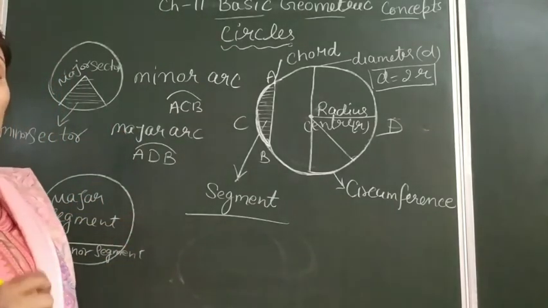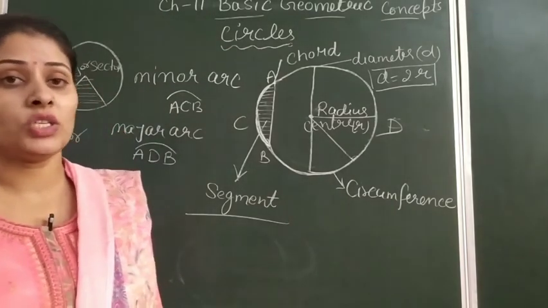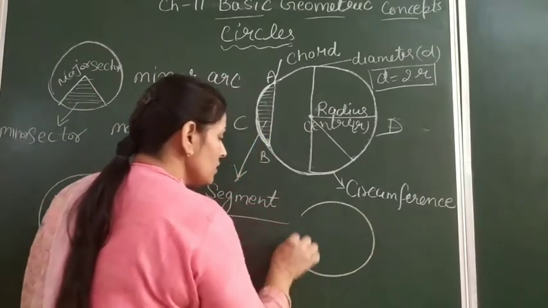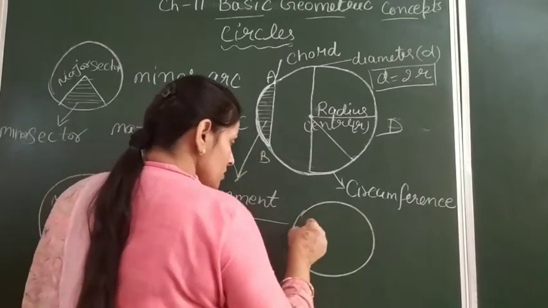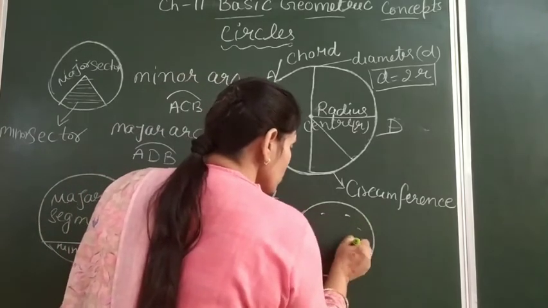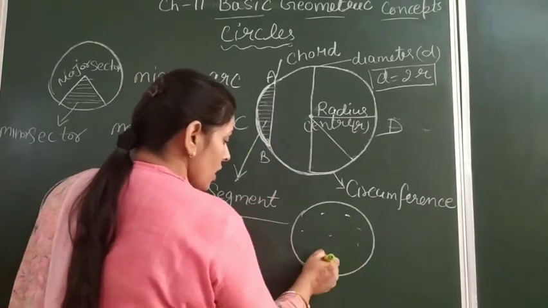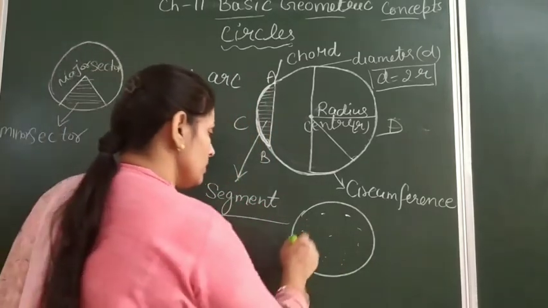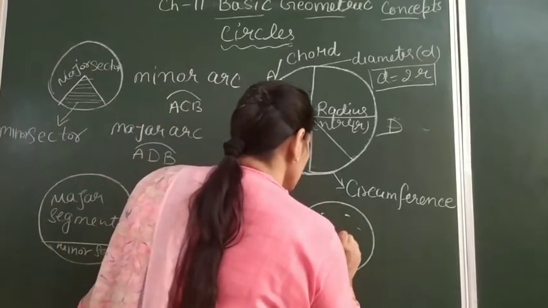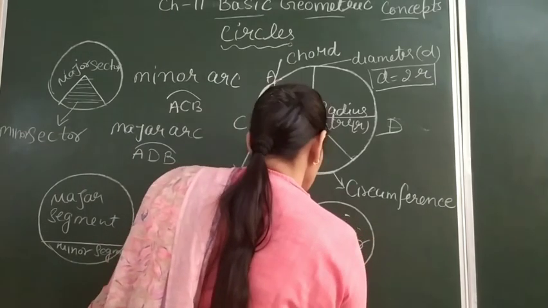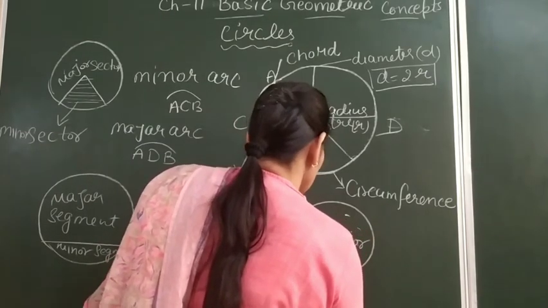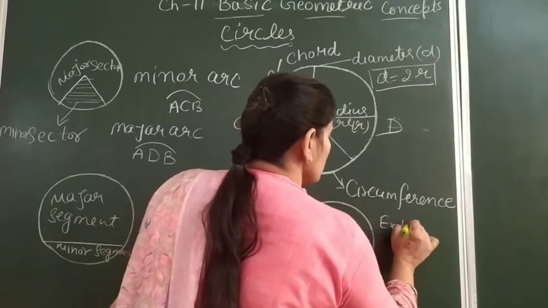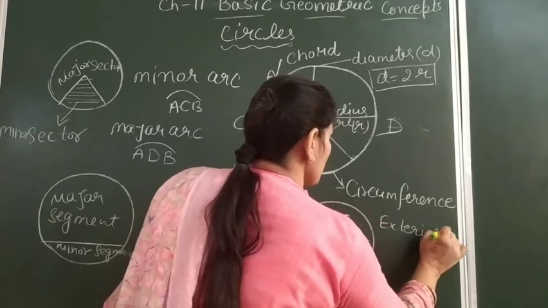Now if we talk about the exterior part of the circle, this is the circle. The area enclosed by the circumference and the points lying inside it is the interior of the circle, and this is the exterior.